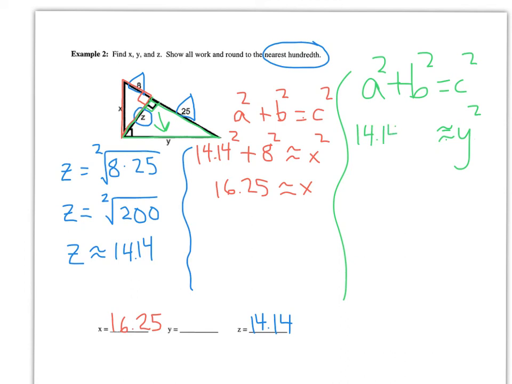So our equal sign changes to an approximate equal sign, and our other leg of the triangle is 25. So in our calculator, 14.14 squared plus 25 squared, then take the square root of that. We get about 28.72, and that is our approximate answer for Y.